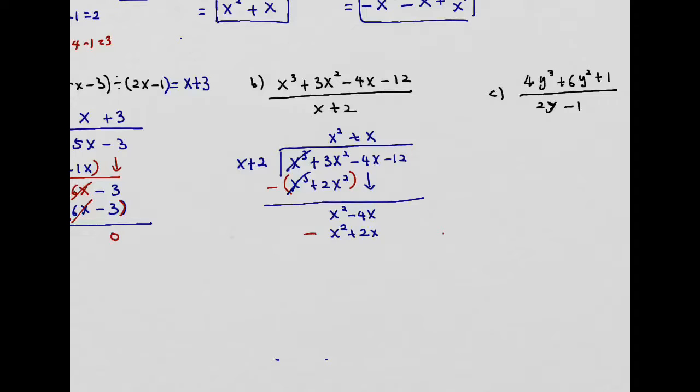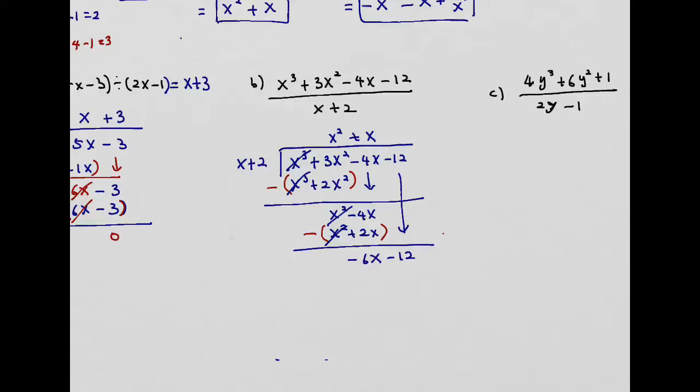And let's subtract that again. That cancels out. -2 minus 2, you get -6x. And bring down the last number, which is -12.